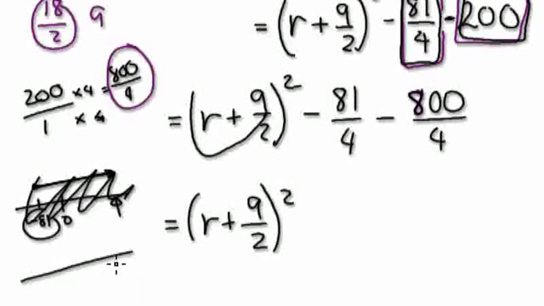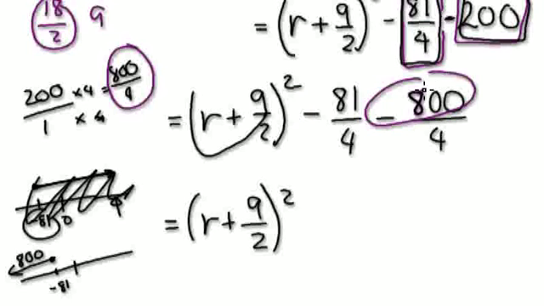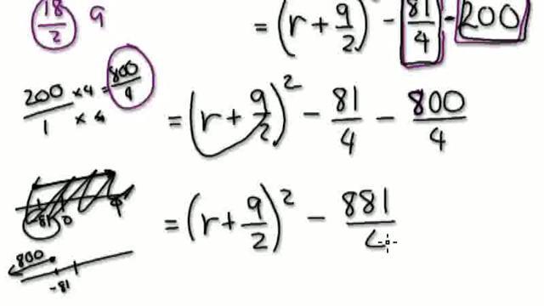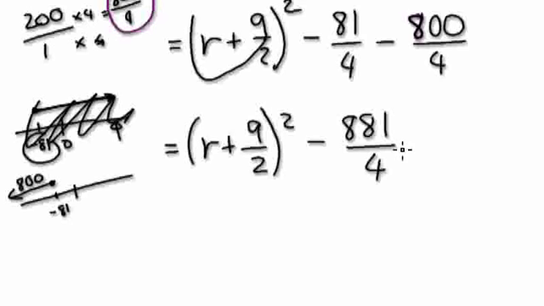You start at minus 81, and then you minus. You don't go to the right. You minus 800 on this side. Remember, you start here at minus 81, and then you minus 800. So that will be minus 881 over 4. Then have a quick glance to see if you can simplify this. I have a gut feeling that you can't, so just leave it as it is.